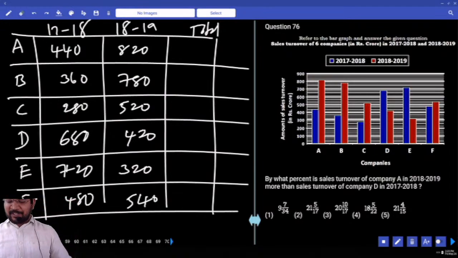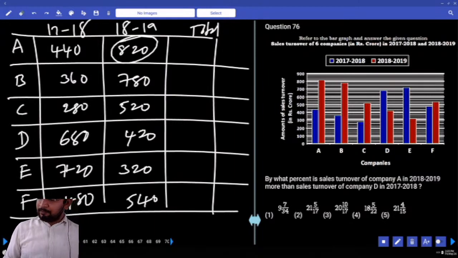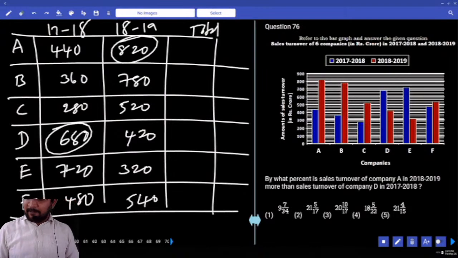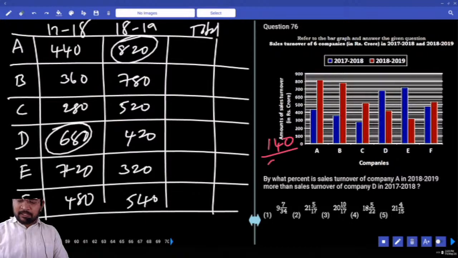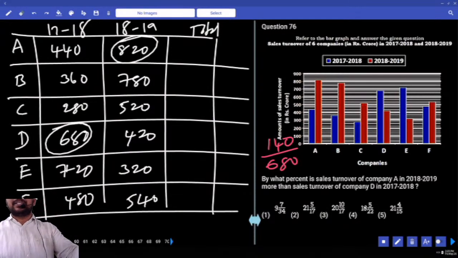First question: by what percentage is the sales turnover of company A in 2018-19 more than the sales turnover of company D in 2017-18? A in 2018-19 is 820, compared with D, how much difference is there? 140 by 680. 10% is 68, 20% is 136, and our answer is more than 20.